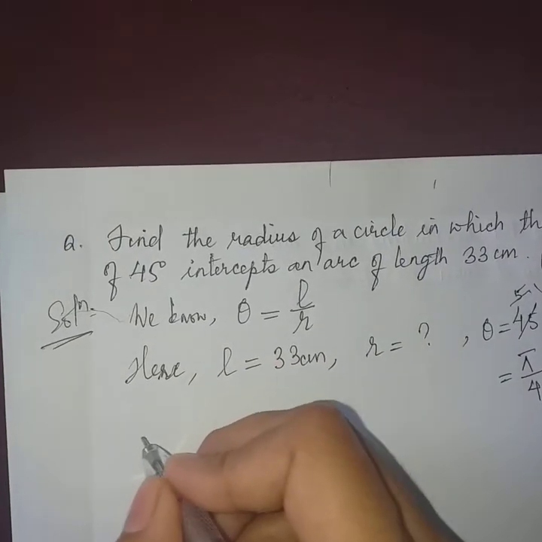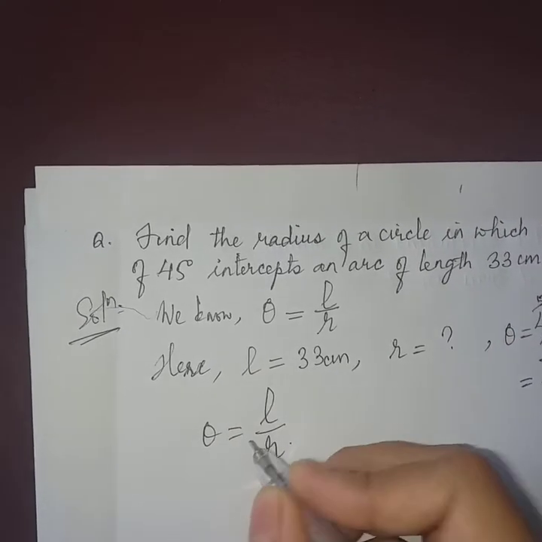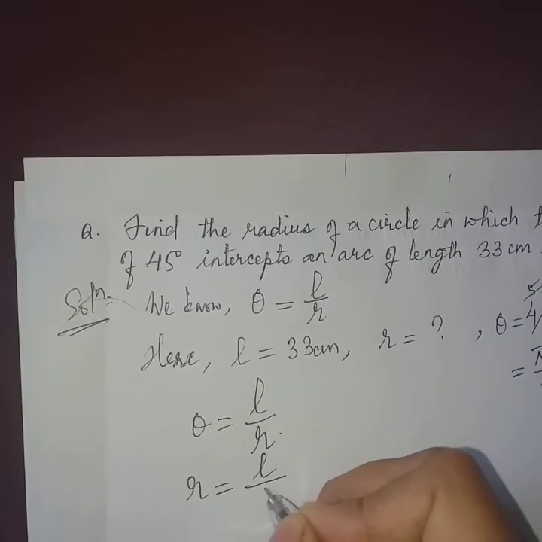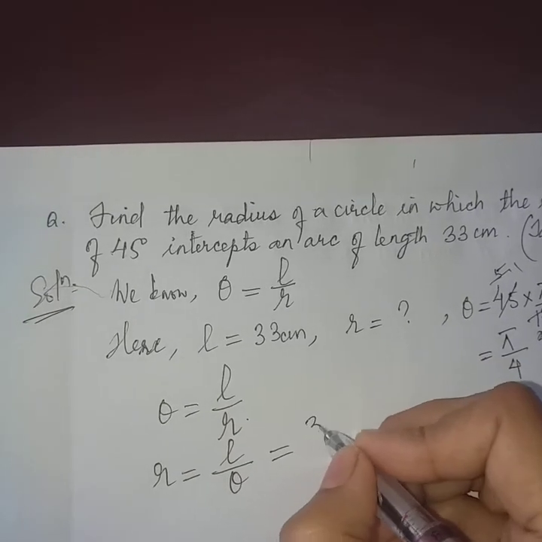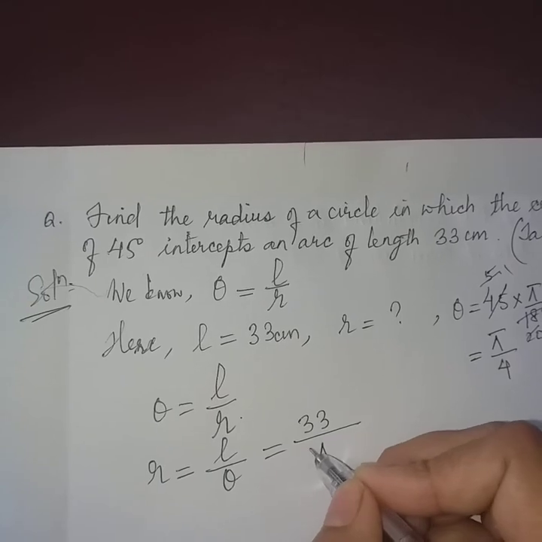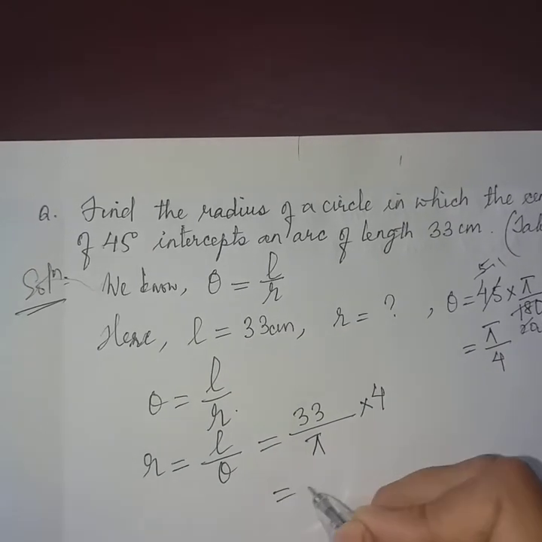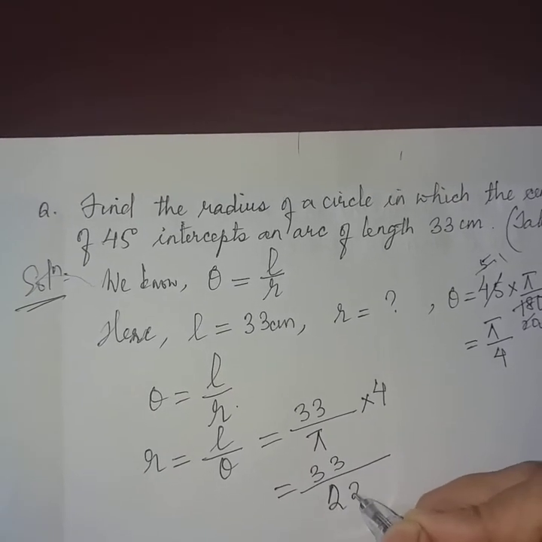So directly we apply the formula theta equal to L by R. So R will be equal to L by theta. We just put the values. L equal to 33 and theta is pi by 4. So 4 comes in the numerator, 33, and the value of pi is 22 by 7.